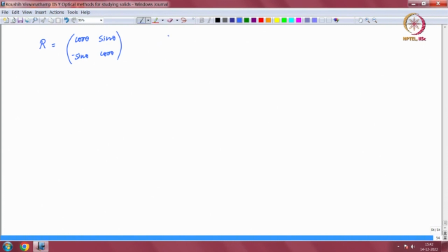The retardation matrix which we just defined is this, and the R inverse of course is just the transpose of this, and the signs will exchange, pun intended, okay. So, this is rotate by theta, retard, rotate back by theta.